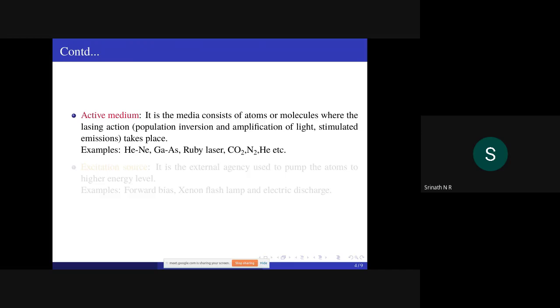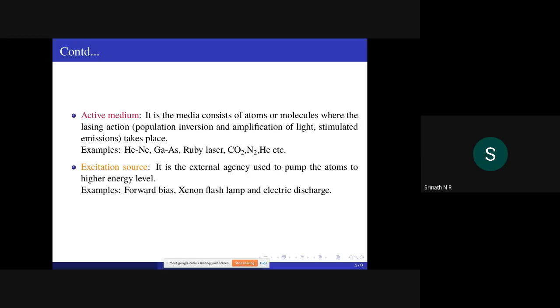Third one, excitation source. It is the external agency used to pump the atoms to higher energy level in the active medium. Examples: here also the mode of excitation source or excitation mechanism is different for different kinds of laser.